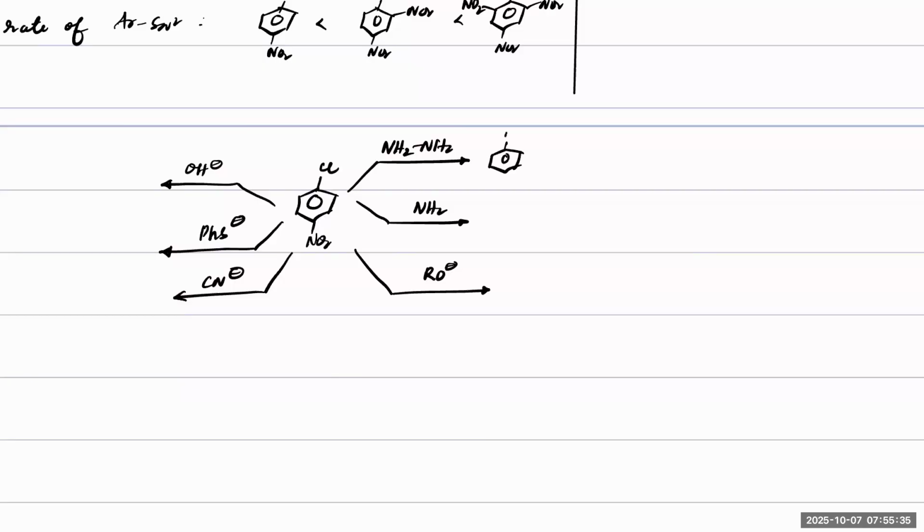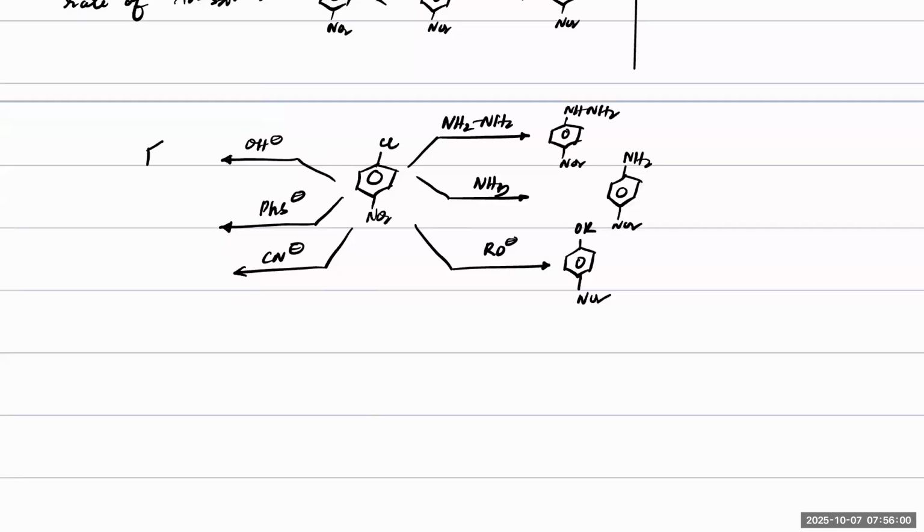I will get NH2 with NO2, here I will get NH3, sorry, and here you get NO2, and here I will get OR, and here we will get NO2.